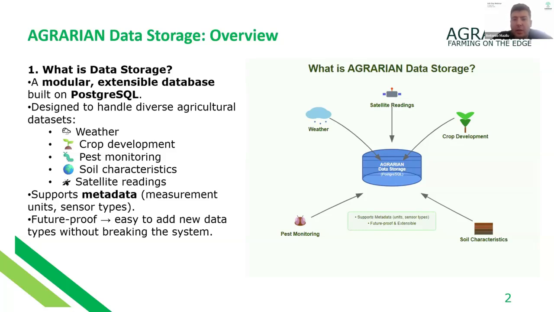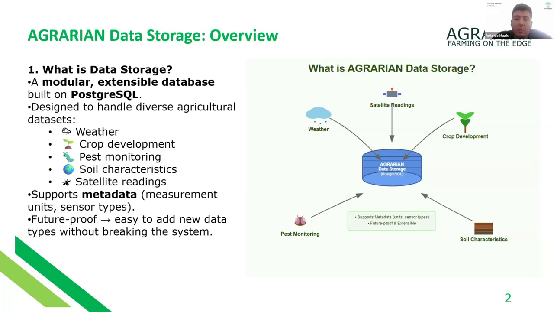Also, besides the data, the Postgres data storage supports comprehensive metadata, which means that we capture not just the data itself, but also critical context like the measurement units or the sensor types from the sensors.